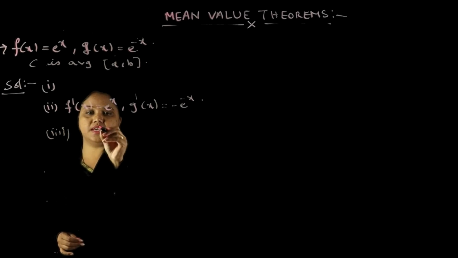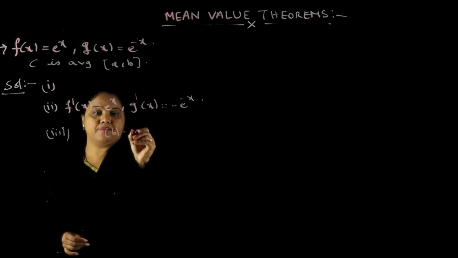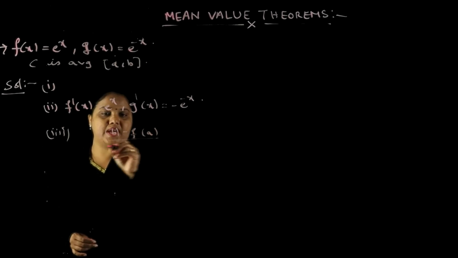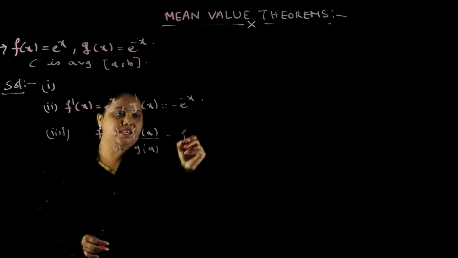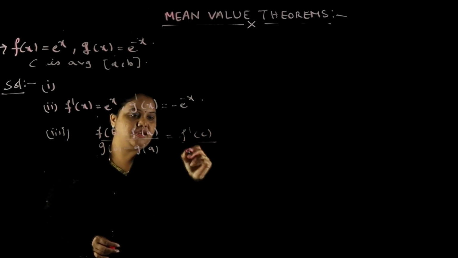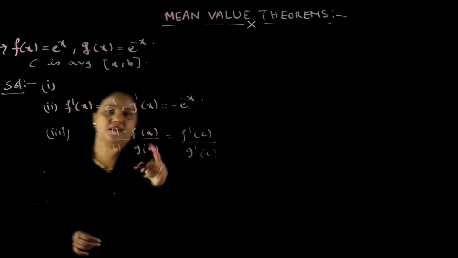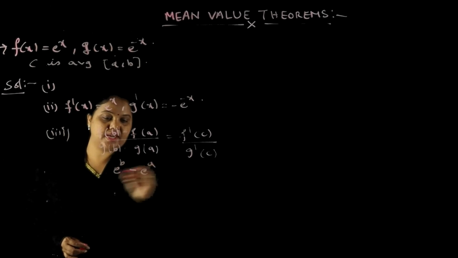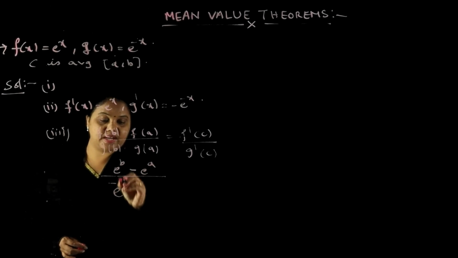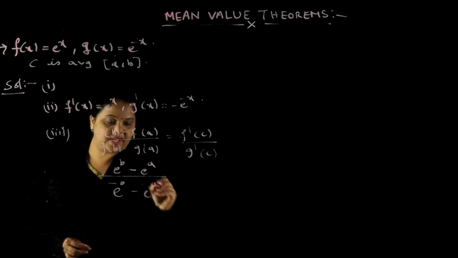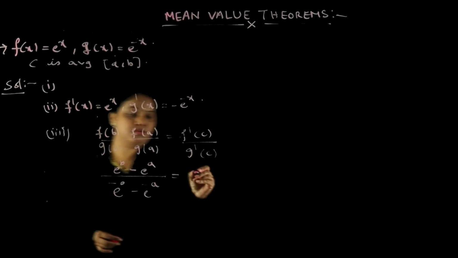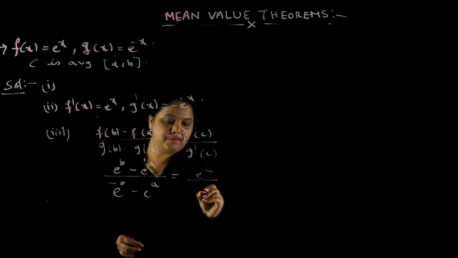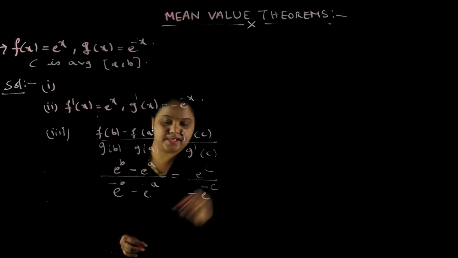The third condition is f of b minus f of a by g of b minus g of a will be equal to f dash of c by g dash of c. Let us substitute. So this is e power b minus e power a by e power minus b minus e power minus a. So this is equal to e power c by minus e power minus c.